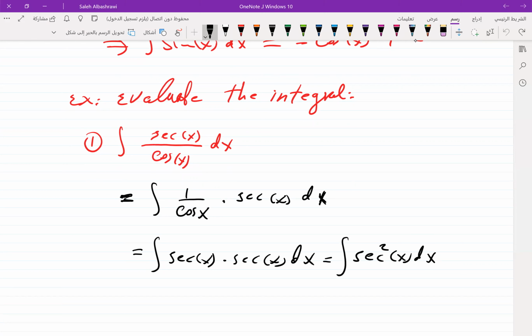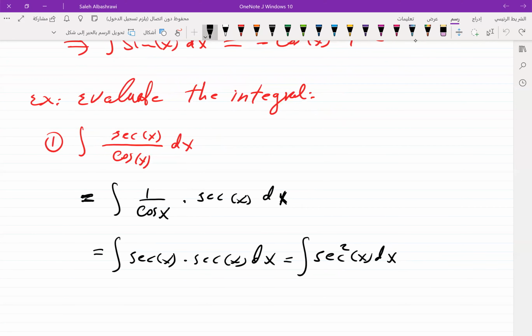And we know that the derivative of the tangent equals secant squared. So the integration of secant squared is equal to tangent. We are looking for the function that, when we differentiate, we will get secant squared, and that will be the derivative of tangent. So the integration of secant squared equals tangent x plus some constant c. Understand? We are in this type of indefinite integration, so we have to add c, the constant.